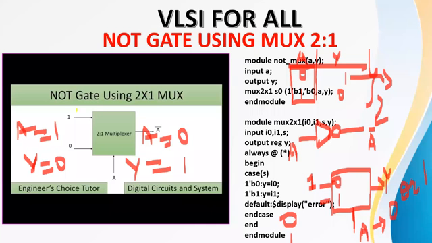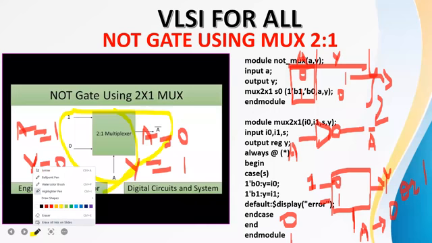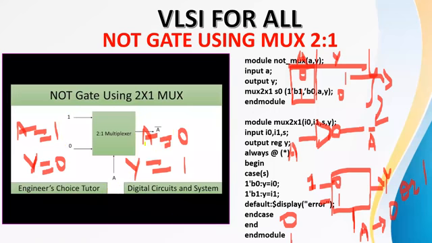Then now we are defining the Verilog code for this gate, that is NOT gate, using MUX. First, I have to define the MUX Verilog code, right? So I'm taking two inputs, that is I0 and I1, comma, S, sorry, the select line is the input, okay?